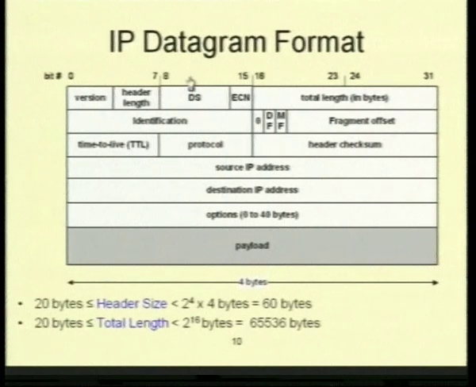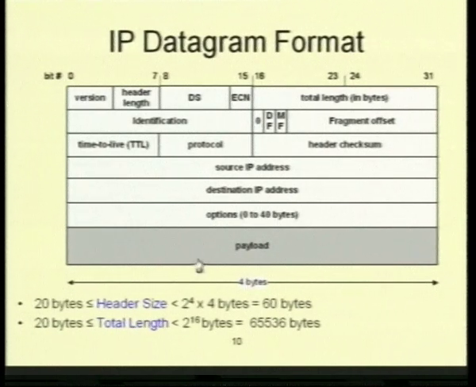So, 5 into 4 bytes, 20 bytes, is the minimum size of a header, and the maximum size of a header could be up to 60 bytes, basically because the header length field here will tell you how big the header can be. We use 4 bits to specify the header length. So, you can have 2 power 4 different such 4 byte fields specified. So, 60 bytes is the maximum length of the header.